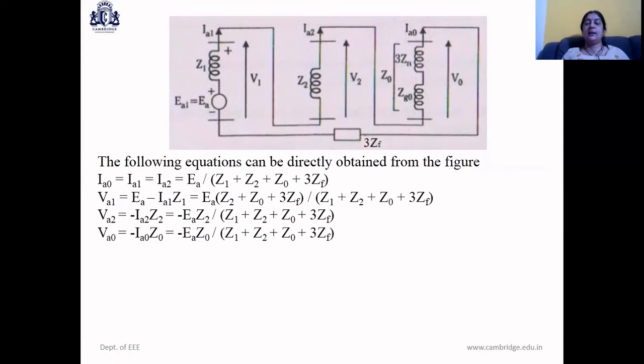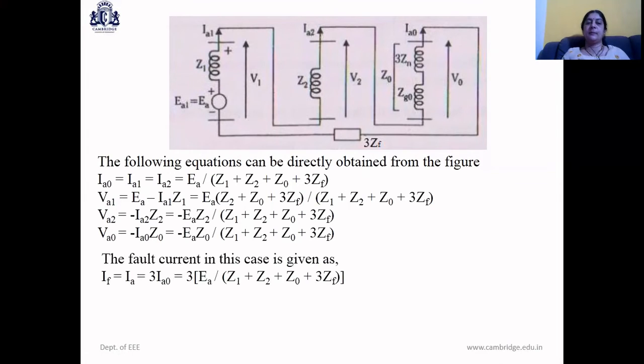VA0 is minus EA Z0 by Z1 plus Z2 plus Z0 plus 3 ZF. The fault current IF is nothing but the current in line A, IA, which is equal to 3 times IA0. So substituting for IA0 here, we have 3 times EA by Z1 plus Z2 plus Z0 plus 3 ZF.